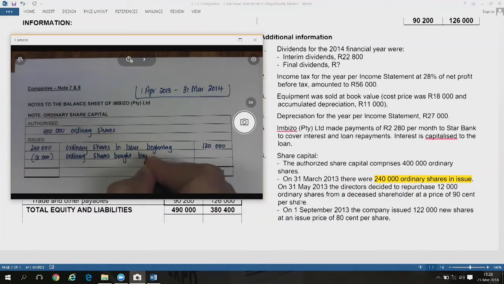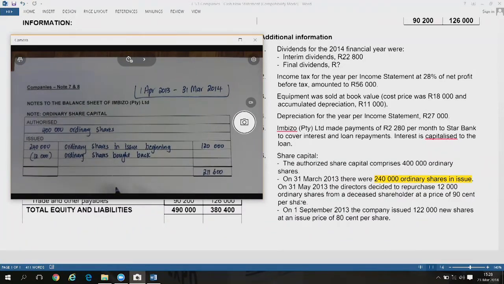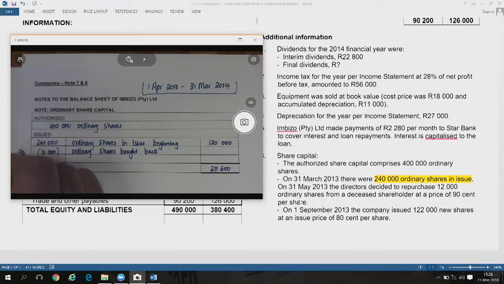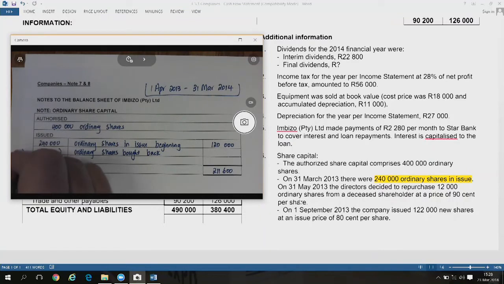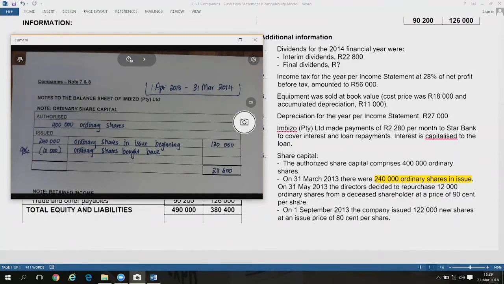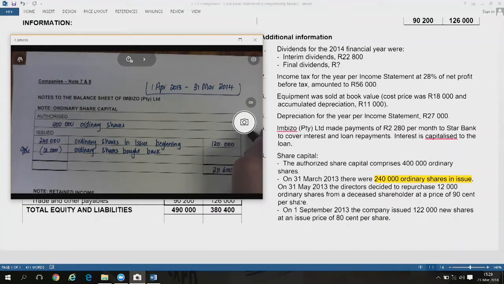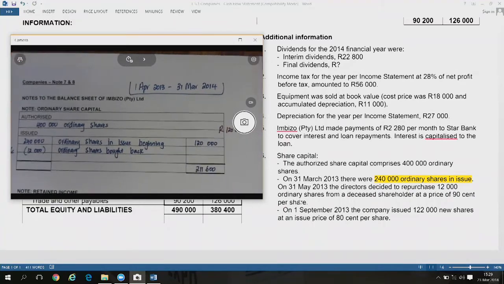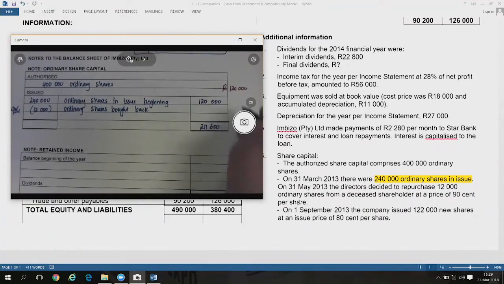And remember, they mention 90 cents per share. They say at a price of 90 cents per share, and that 90 cents we are not going to use. We need the average price. Because we buy back before we issue shares, you take the 120,000, that is the money, and divide it by the shares, which is 240,000.